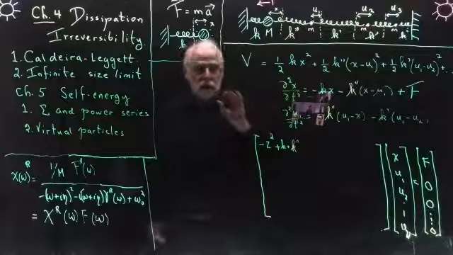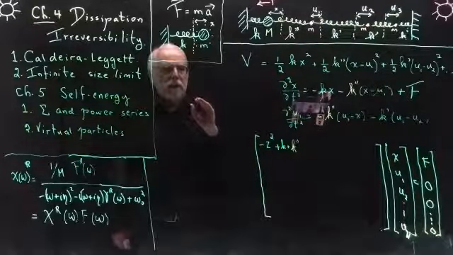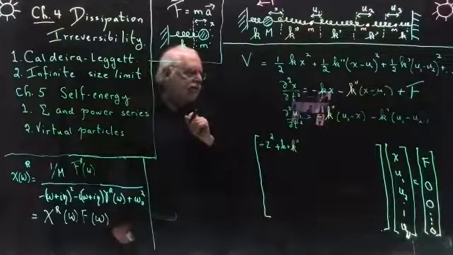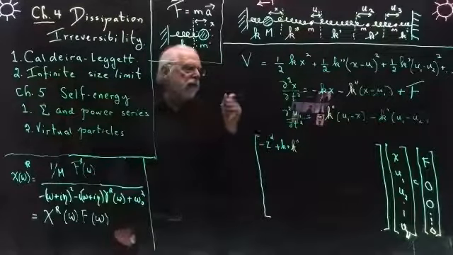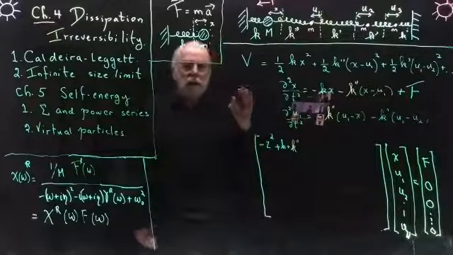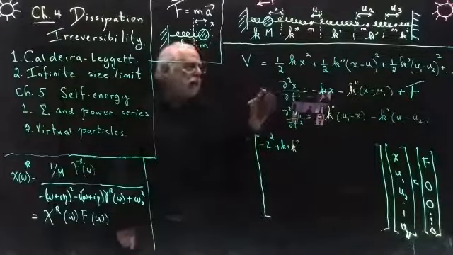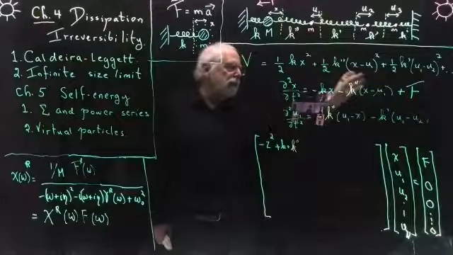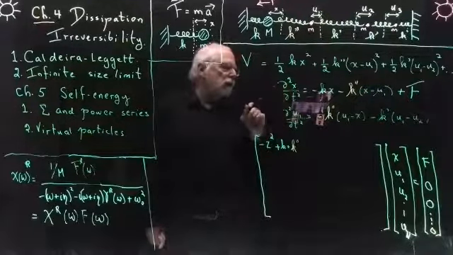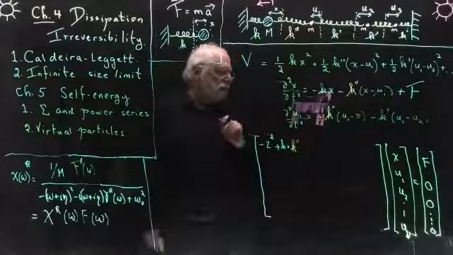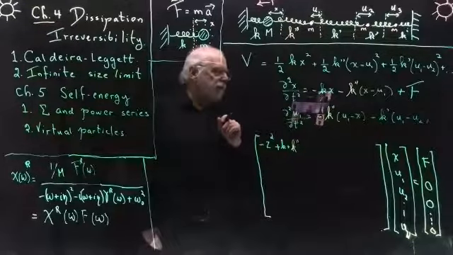In the notes, I've taken care of the masses, and it's just a complication that makes the algebra a little more difficult. But the message can be obtained even if all the masses are equal to 1, the big one and all the other ones.